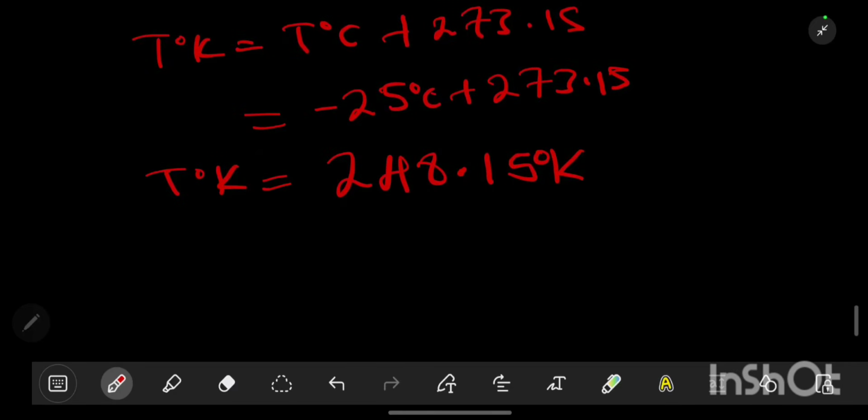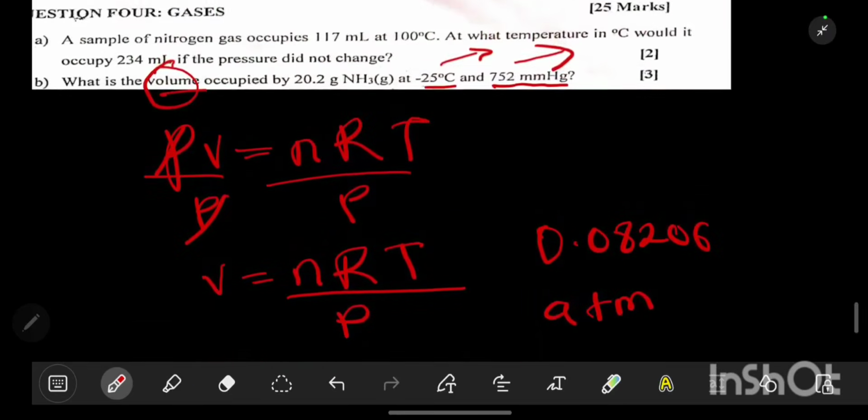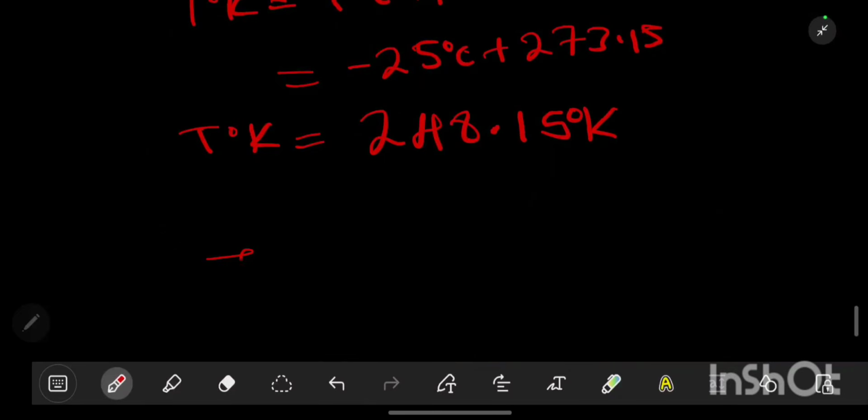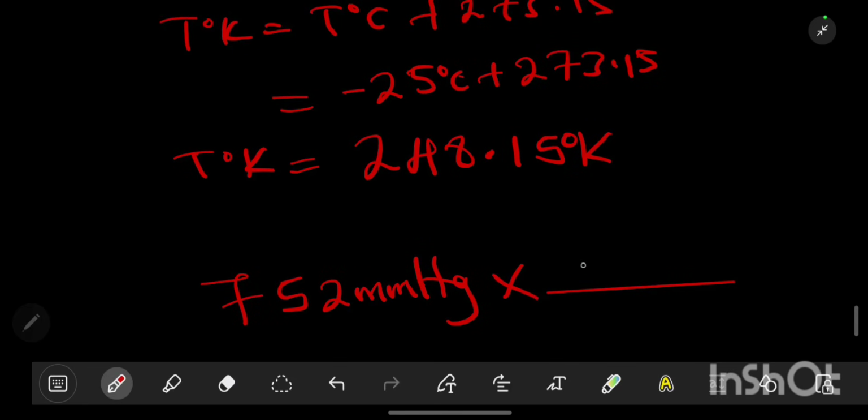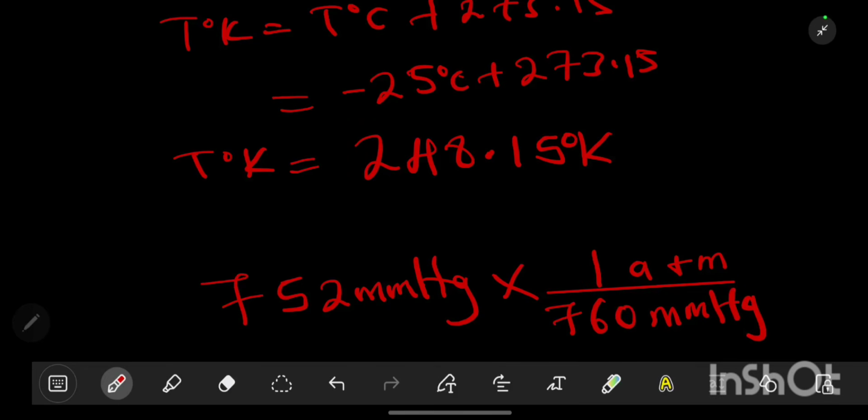Then convert as well the pressure to atmospheres. So if you have your 752 millimeters of Hg, remember what you are going to do is put on top the unit that you want to convert to, which is the atmosphere. Down here, since there are millimeters of Hg, you are going to put them there, then put the values. In 1 atmosphere there is exactly 760, like that. So this and this cancel.